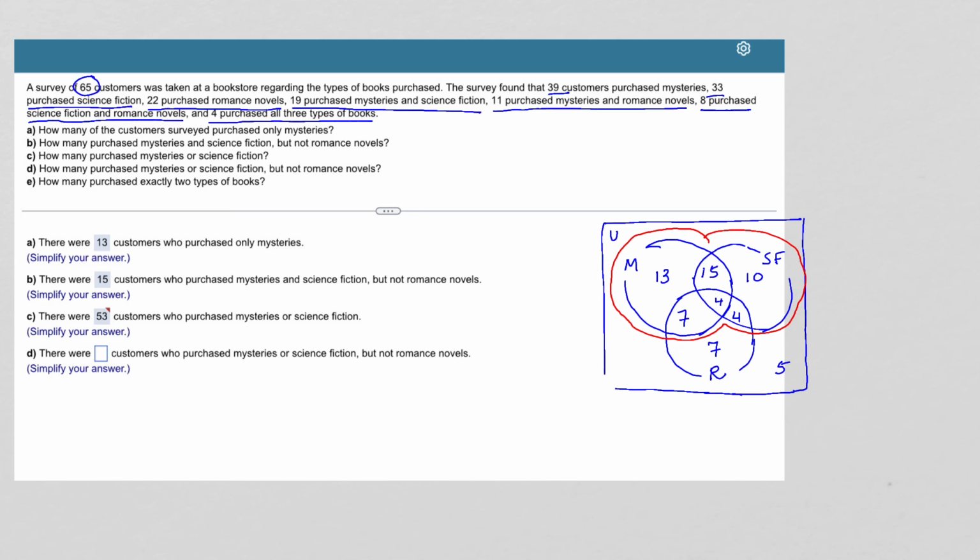But another way of looking at this is that we had 65 customers and there were 7 plus 5, so that's 12, who are not in the union of mystery and sci-fi, and that gives me 53.